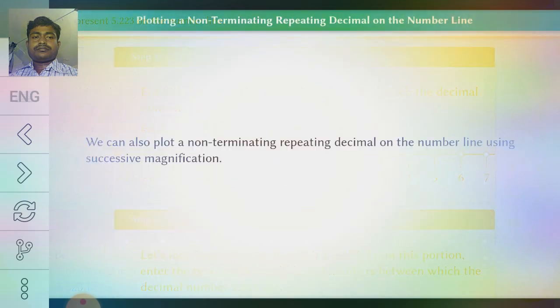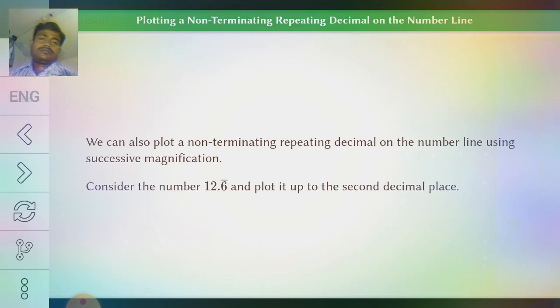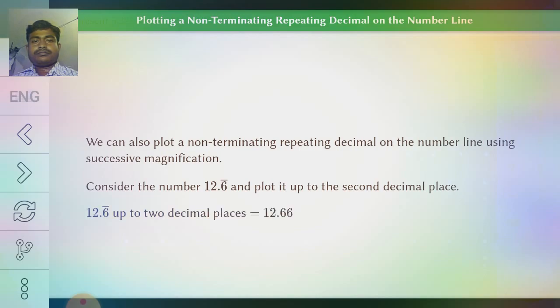We can also plot a non-terminating repeating decimal on the number line using successive magnification. Let us consider the number 12.6 bar and try to plot it up to the second decimal place on the number line. 12.6 bar expressed up to 2 decimal places is 12.66.